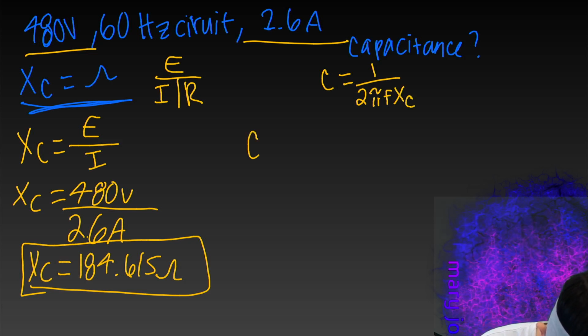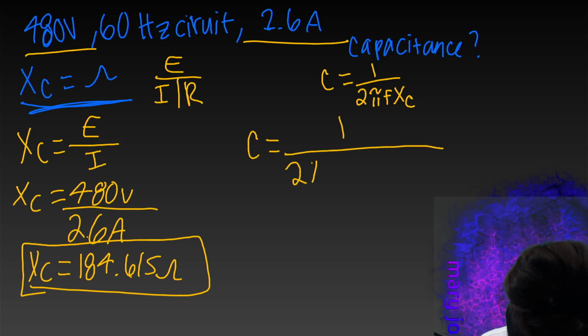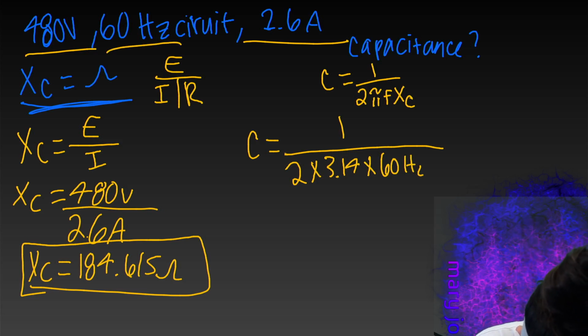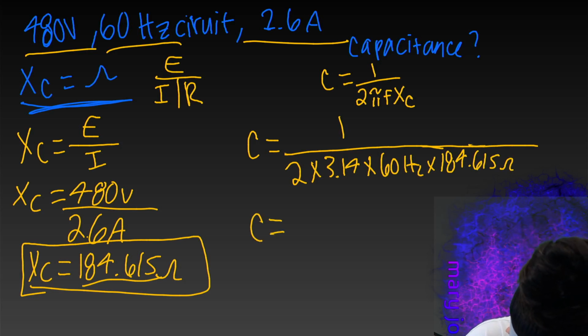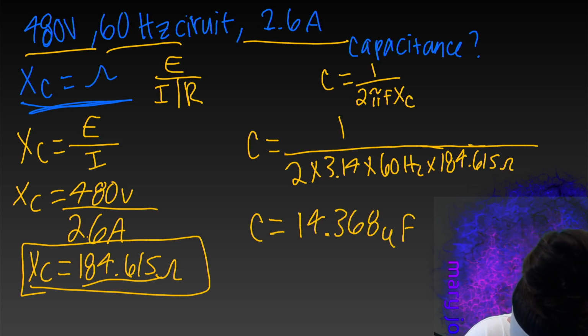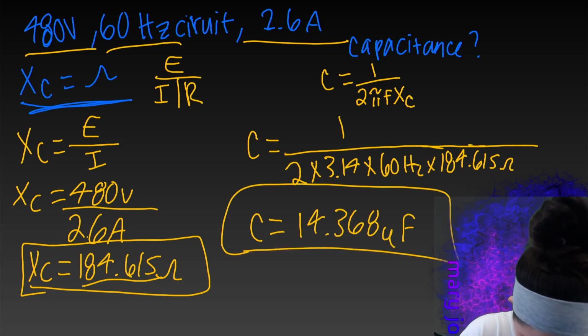So if we do that, we're going to have C equals 1 over 2 times 3.14 times 60 hertz, because that was up here, and times whatever we got down here, which is 184.615 ohms. And that is going to give us 14.368 microfarads.